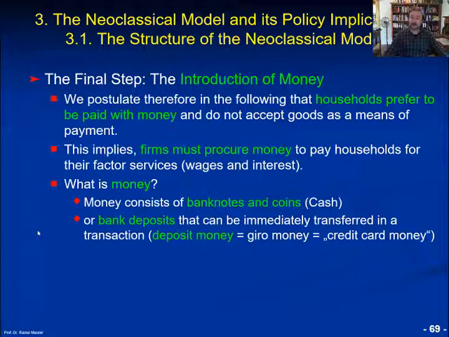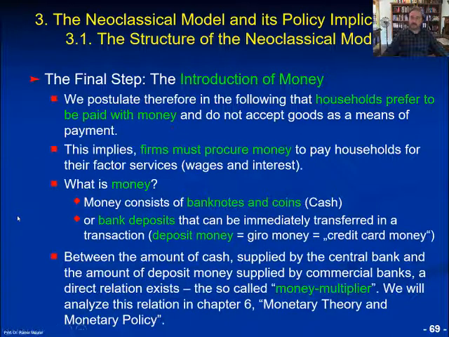The technical expression for these bank deposits is deposit money, or sometimes we also use the expression giro money or credit card money. E-money, or virtual money, is sometimes also used. So this is basically cashless money.